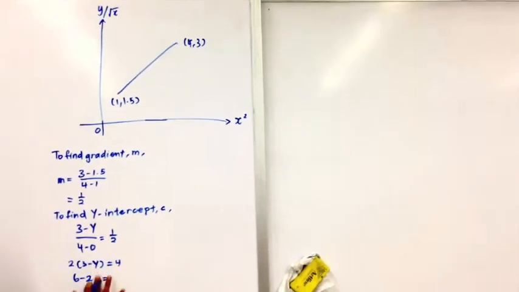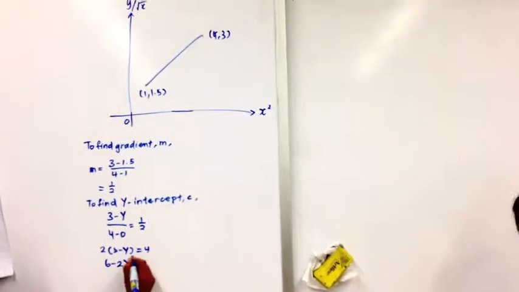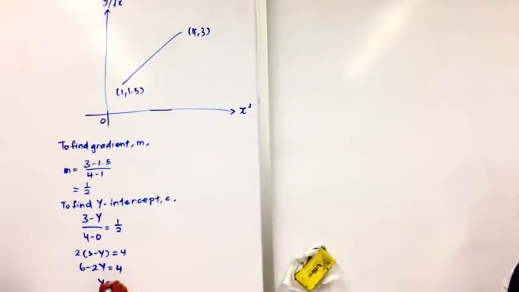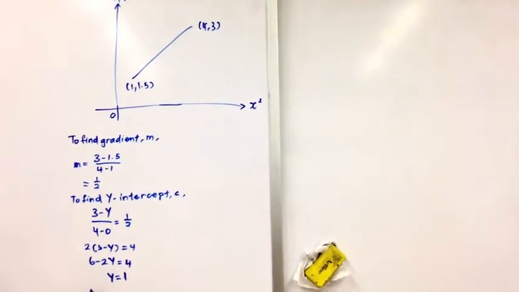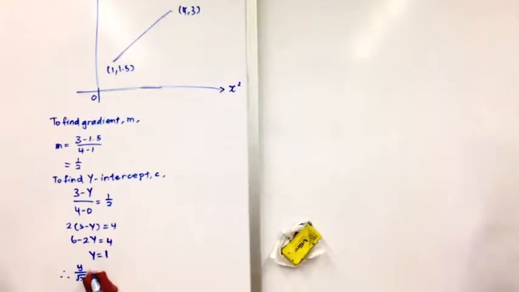Now it's simply a matter of manipulating the equation to find the equation y equals f(x). Y over root x equals half x squared plus 1.